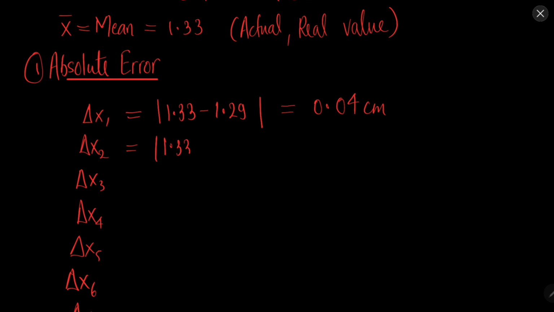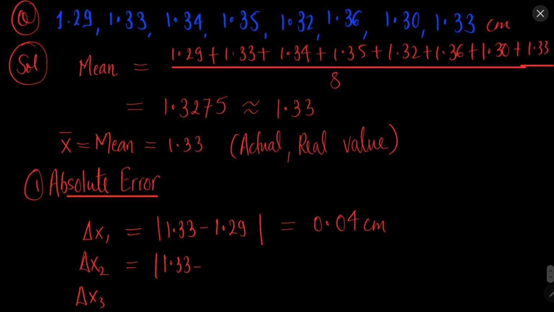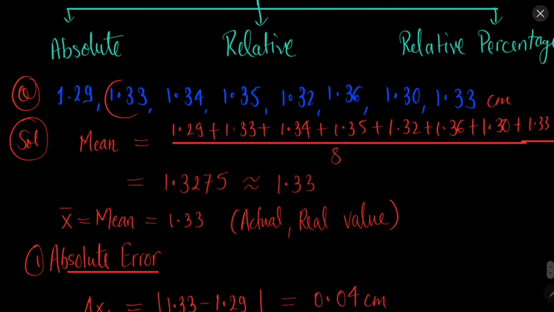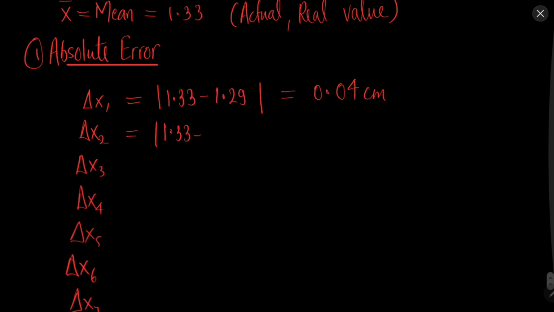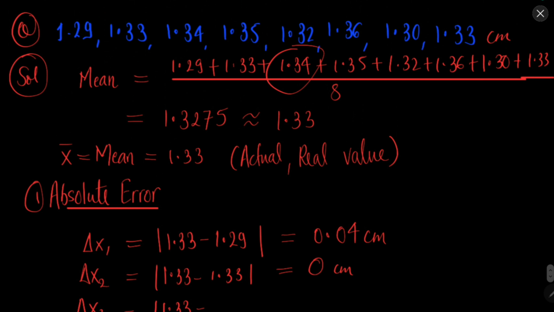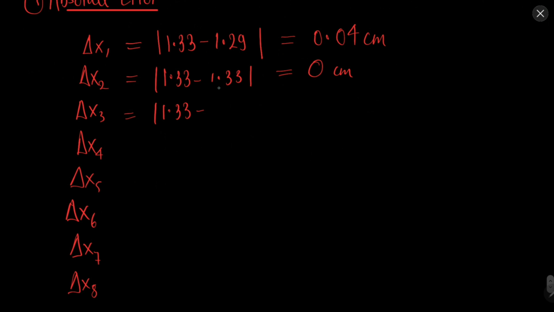Now second measurement, so it is 1.33 itself, second value. Okay, second value is 1.33 itself. So how much is it off from the mean value? 0. It is the actual, it is the exact value. Then similarly for third, 1.34. So the third value is 0.01. Remember, this would have been negative, but because there is this modulus, we are writing only the positive values.